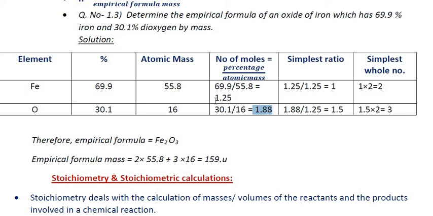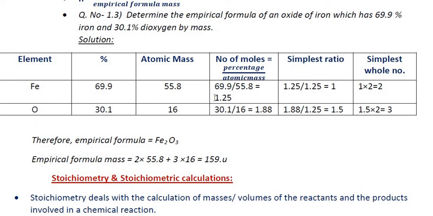So we have already calculated the number of moles of each element. Now in the next column we will have to find out the simplest ratio. To find the simplest ratio, suppose you have two or even more elements present in a compound. Whichever is the smallest number, we will divide all of them by the smallest number.